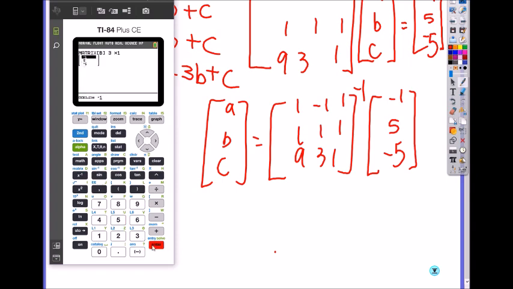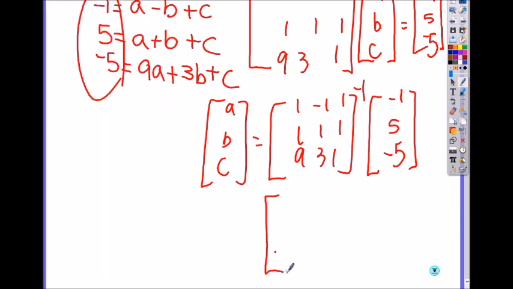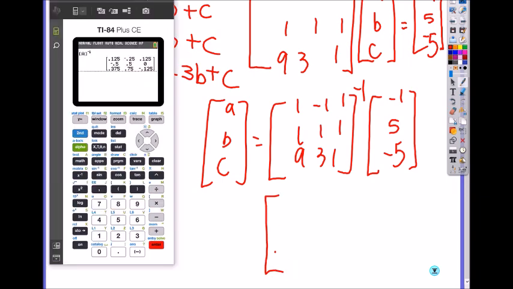We need the inverse, right? So go ahead and quit it. And you put matrix A and raise it to negative 1. That's the notation for the inverse. So this is what I need to see. Let's go ahead and change it to fractions. How do you change this to fractions? Hit math, to fractions, enter, enter.